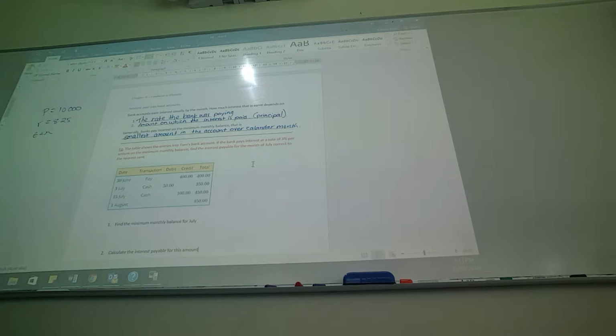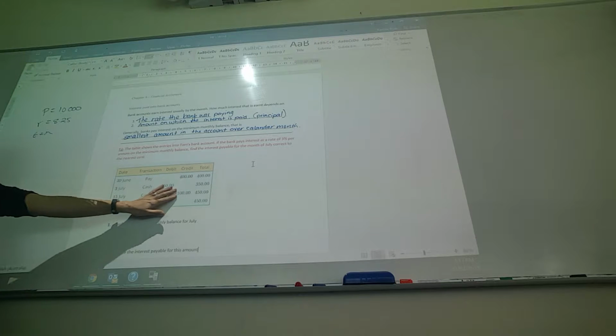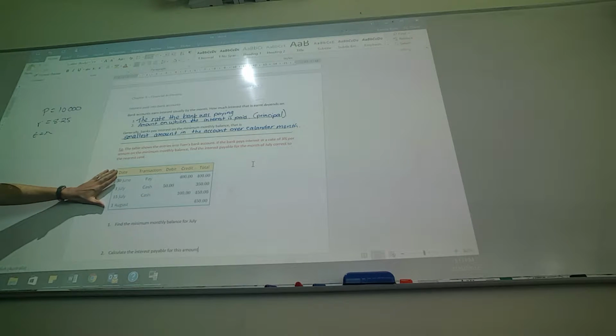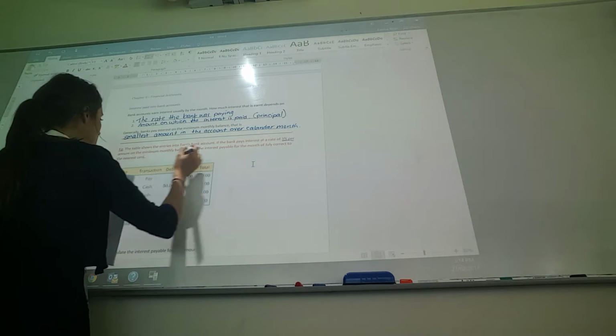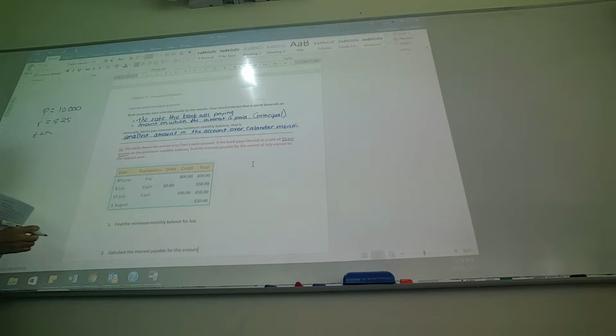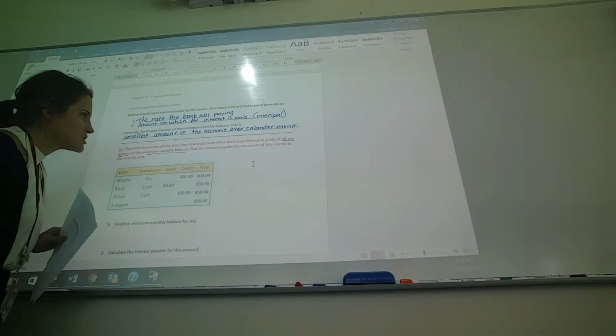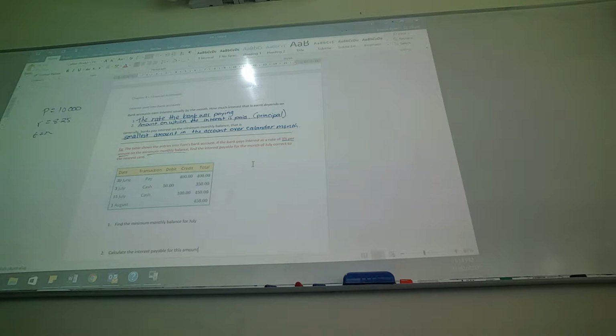Okay, so if we're looking at a bank account, girls, this table shows the entries into Tom's bank account. If the bank pays interest at a rate of 3% per annum on the minimum monthly balance, find the interest payable for the month of July, correct to the nearest cent.